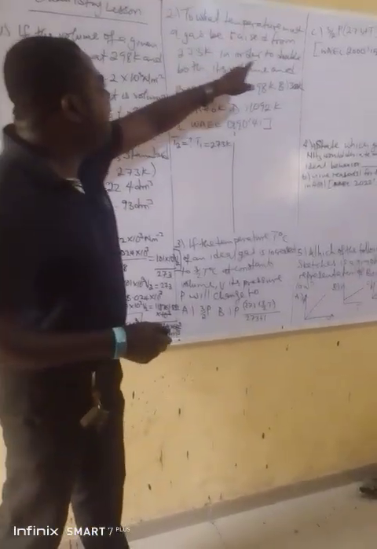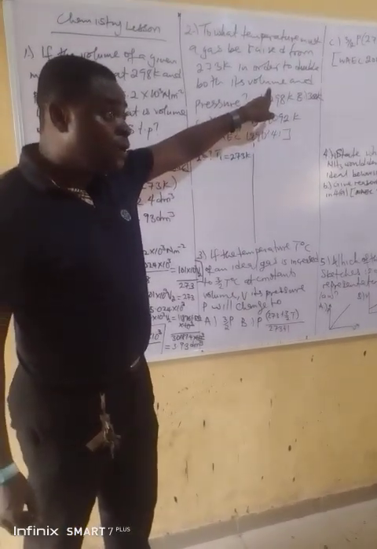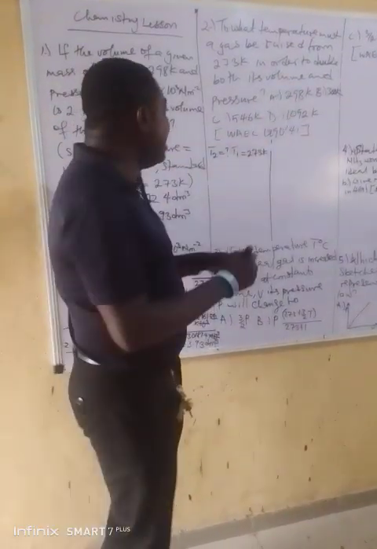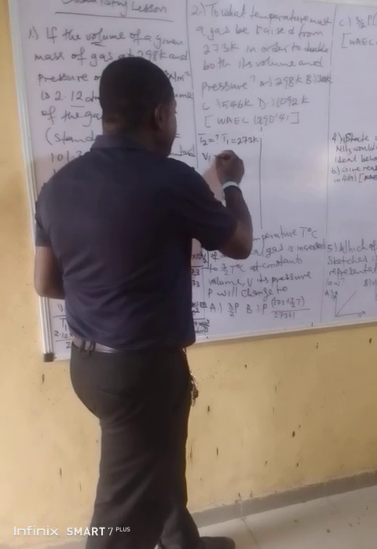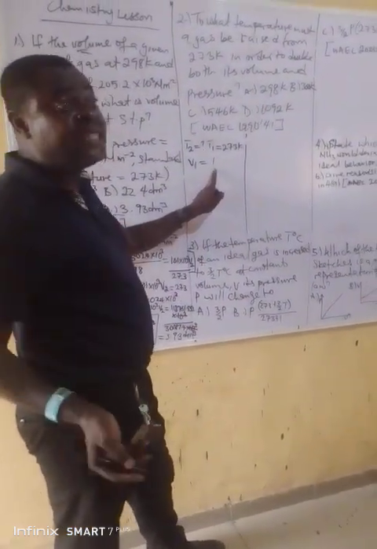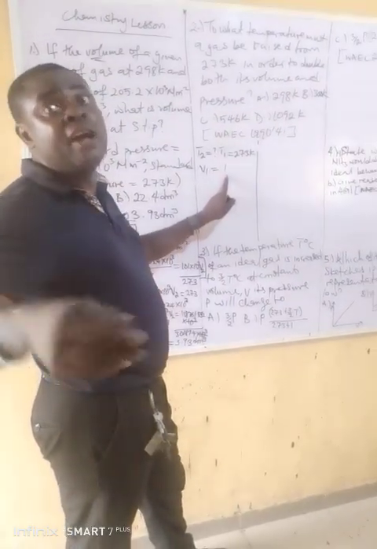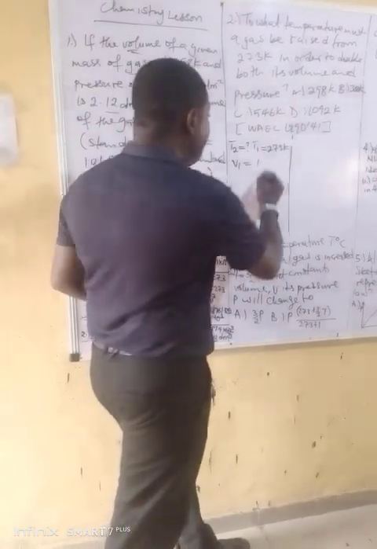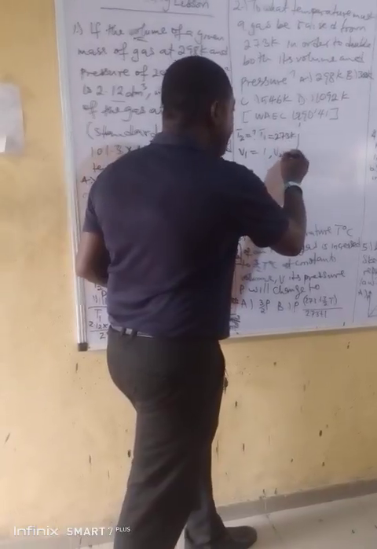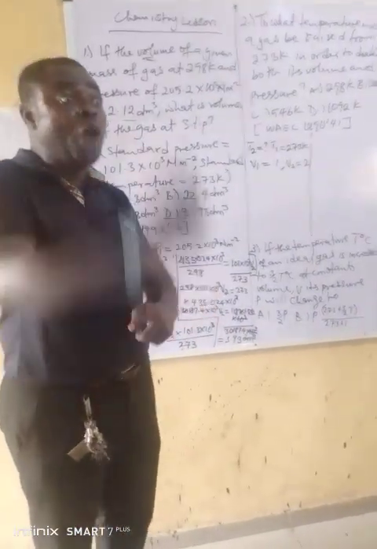They say in order to double its volume, but they did not give us any volume before. Because they did not give us, you say P1, put 1 here. What if they did not give us that in the exam? Put 1. Then V2 will be 2. So the volume is now double.